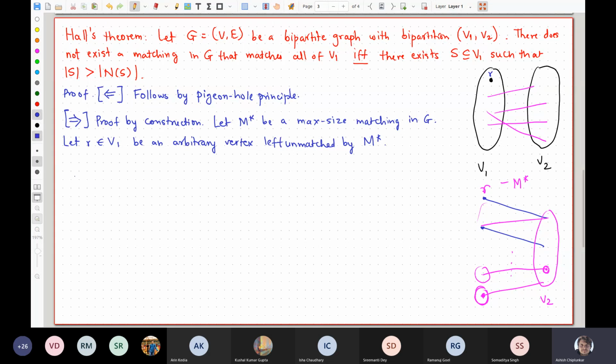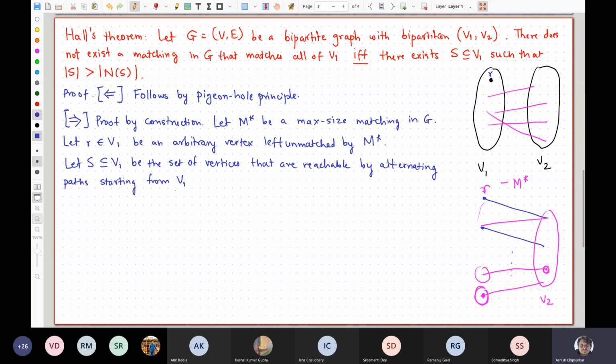I'm going to call that set S. Let S, a subset of V1, be the set of vertices that are reachable by alternating paths starting from R.